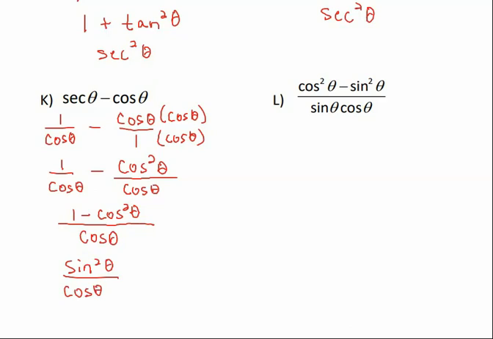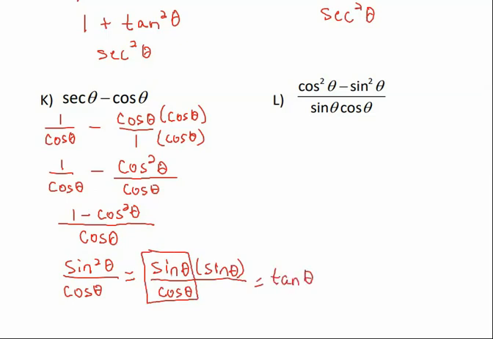Sine squared theta is the same thing as sine of theta times sine of theta, over cosine of theta. This right here would be the same thing as tangent. So this gives me tangent of theta times sine of theta, and that's as simple as we can go.